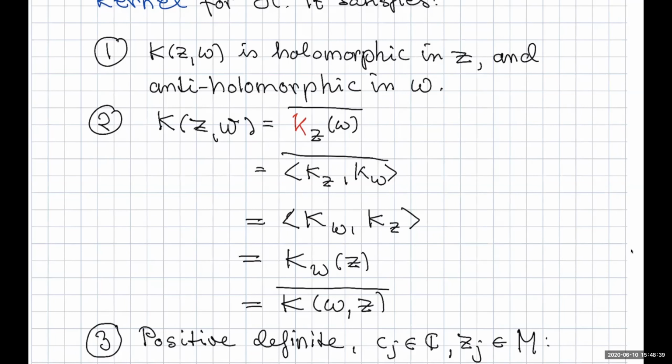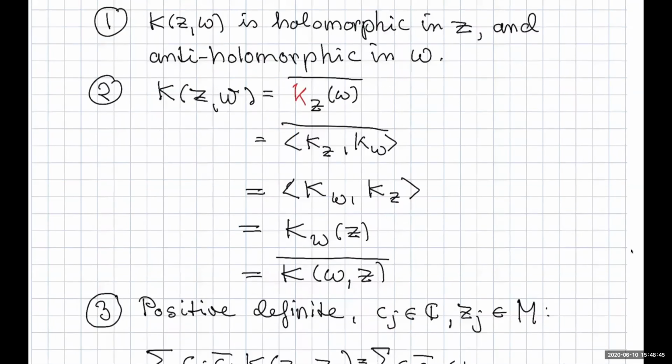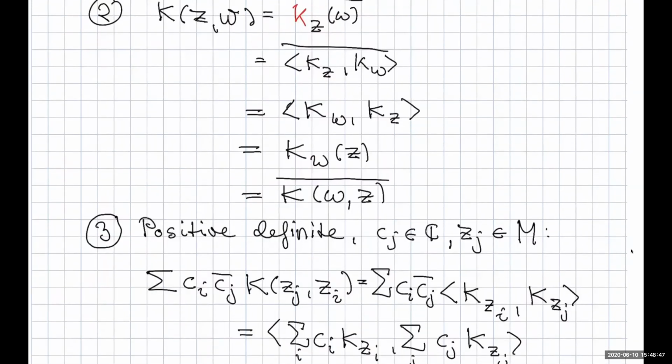If you flip the inner product, then you have to put in a complex conjugation, and that disappears, okay? So we now get k_w of z. So flipping the variables in the function just gives you a complex conjugation, okay?